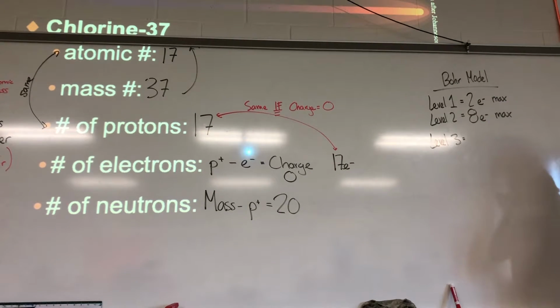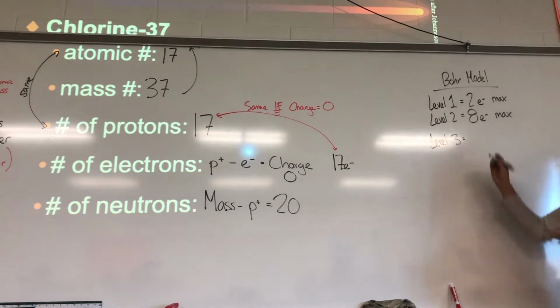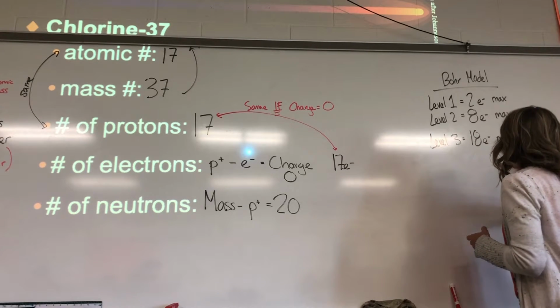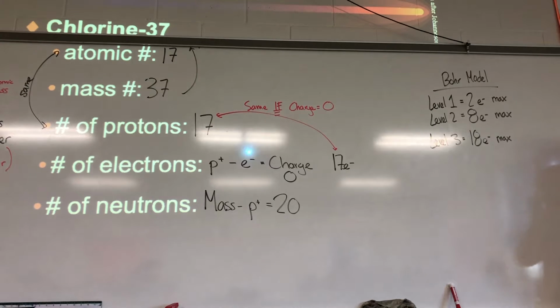Now, this is where you may have been told something in 8th grade, and I don't know why they tell you this, but it is what they tell you. Level 3 holds 18. The number 8 plays a magical role in chemistry, and so that's why it's emphasized in the earlier years of learning it.